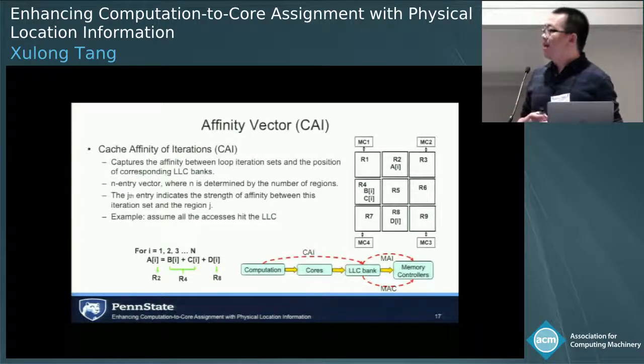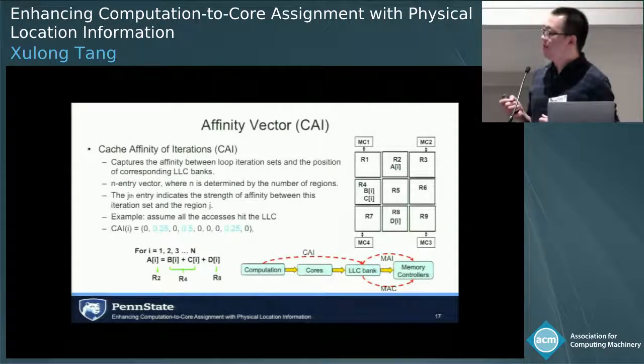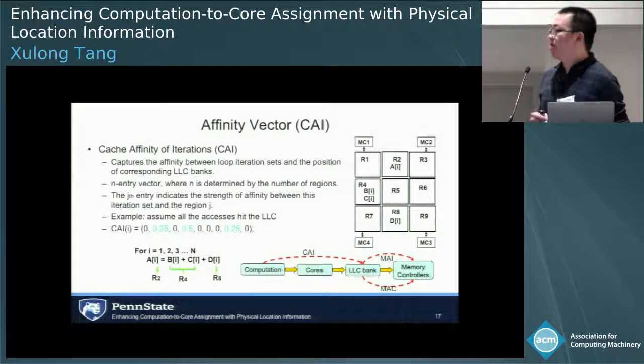So let's assume that AI is going to the last level cache bank in region 2, and BI and CI are going to region 4, and DI is going to region 8. So the corresponding CAI vector is all zeros except the second position is 0.25, the fourth position is 0.5, and the eighth position is 0.25, indicating half of them are going to region 4 and going to hit the last level cache banks in region 4.